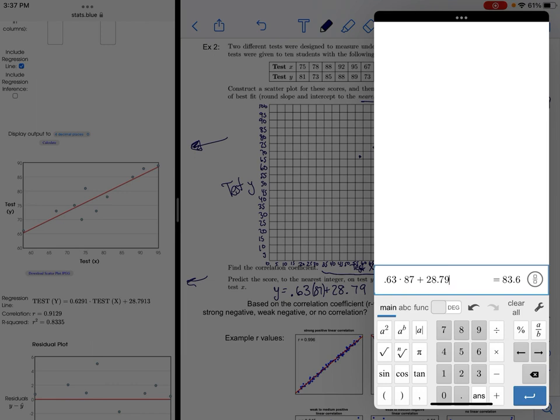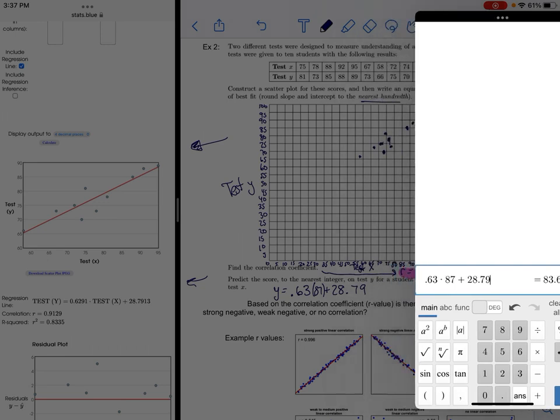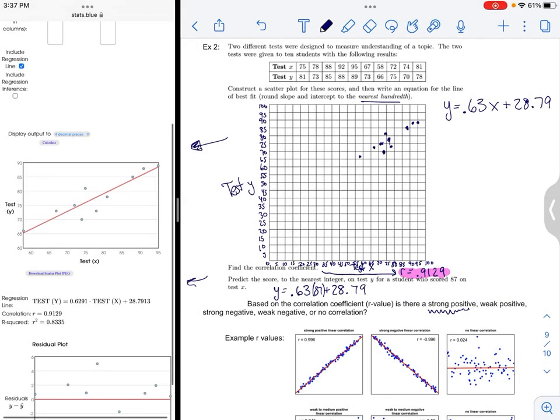So it does say round to the nearest integer. This person would probably score 84% on test Y.